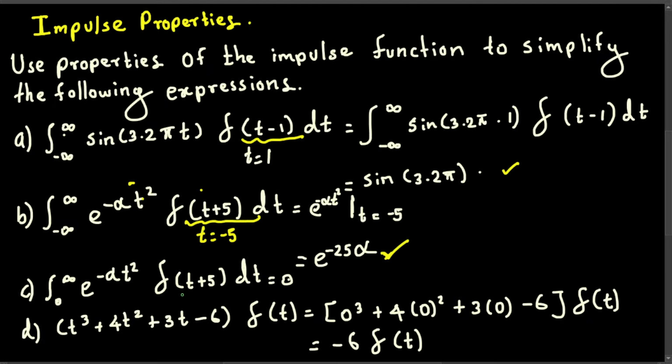So this is t is equal to minus 5, but here you see this starting from 0, right? So it's outside of the range.